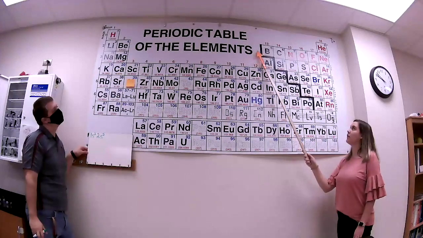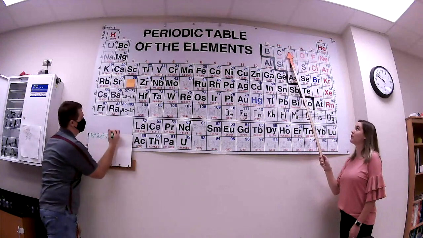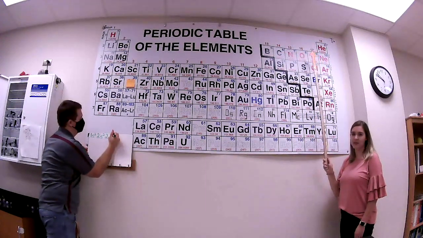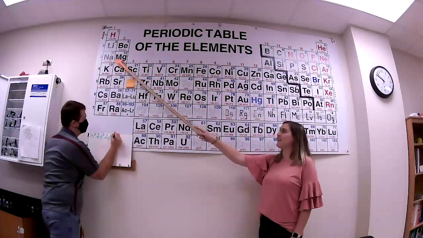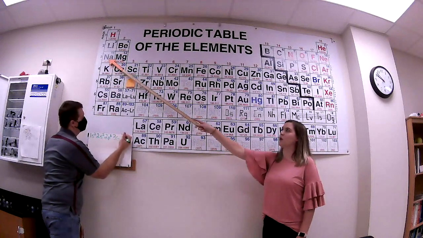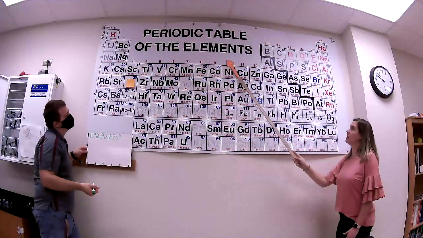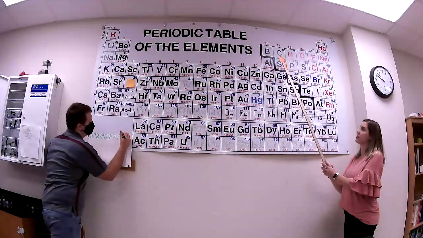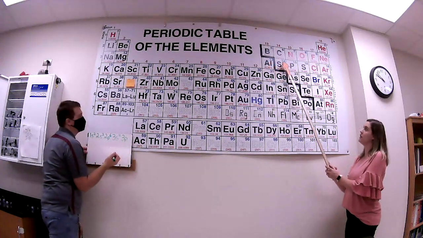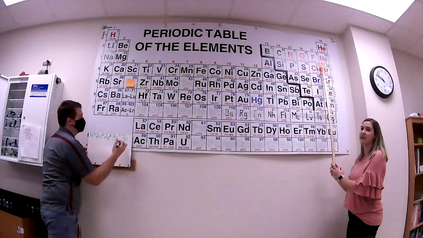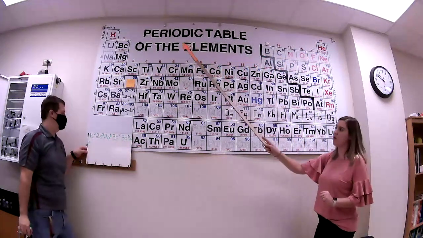Keep moving across that sublevel. 2 P sublevel, and we cross 1, 2, 3, 4, 5, 6 boxes here. 3 S sublevel, we cross 1, 2 boxes, so 3S2. Keep moving. Third energy level. P sublevel now, and we cross 1, 2, 3, 4, 5, 6 boxes. 3P6. All right, we're going to continue on the next row.